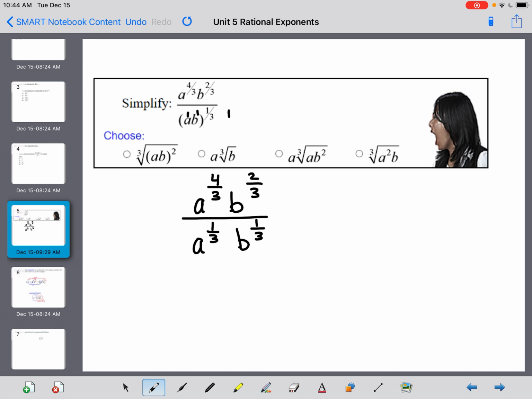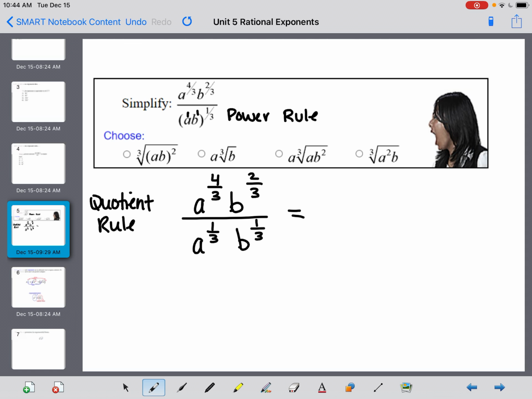So there we looked at the power rule. Now I have like factors of a and like factors of b being divided. So now I'm going to refer to my quotient rule. And again, the quotient rule says that you can take like bases that are being divided and subtract their exponents.